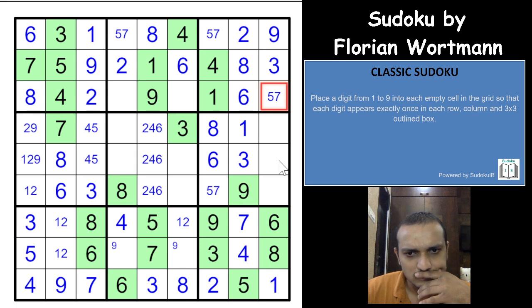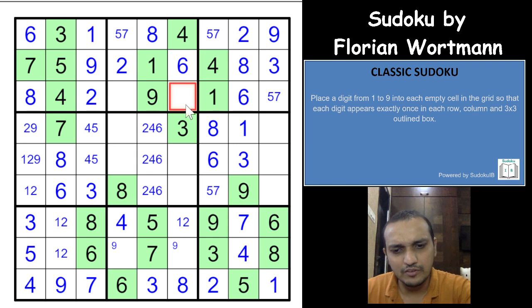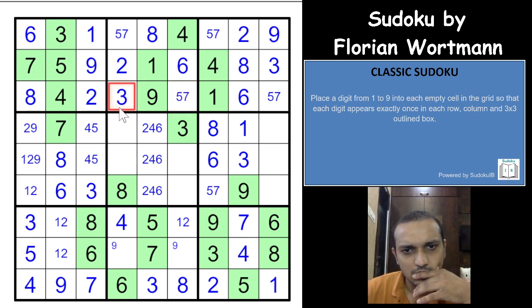Okay, there is something to do with 5 and 7, I think, but let's see. 3 5 and 7, okay, so this would have to be 5 and 7, this would have to be 3 here.